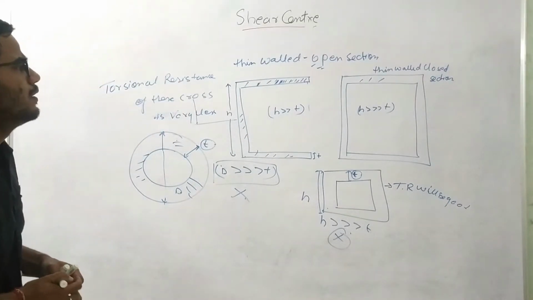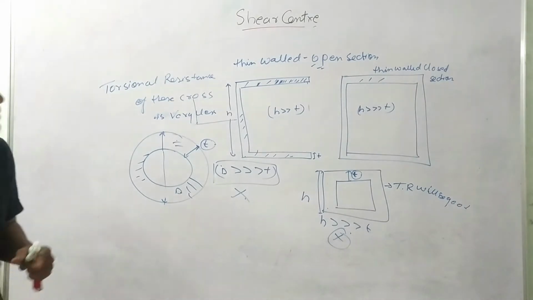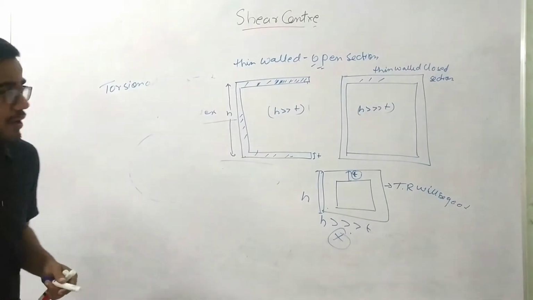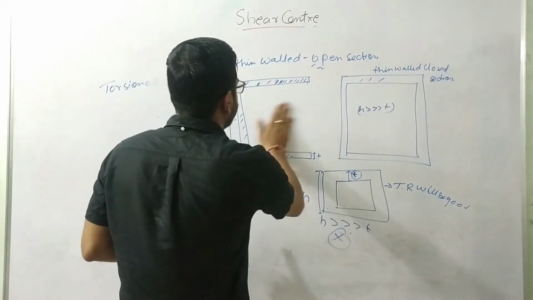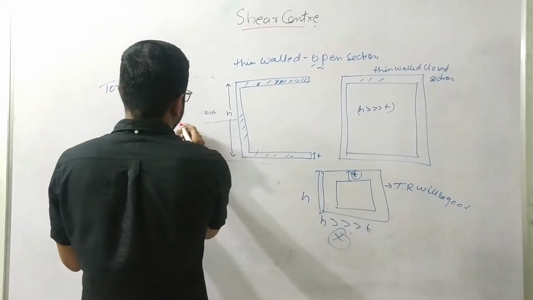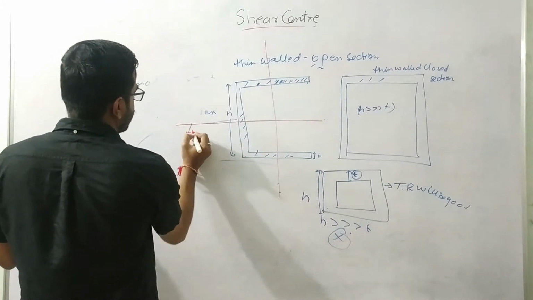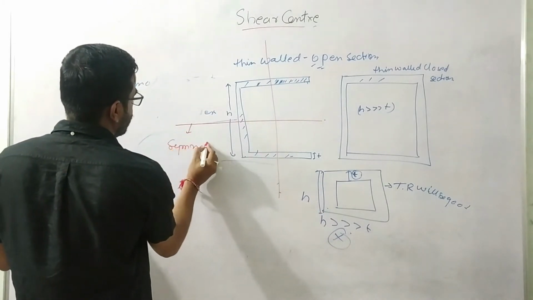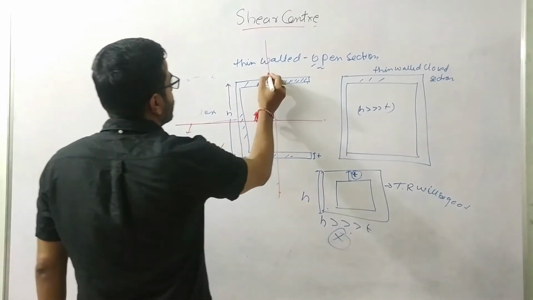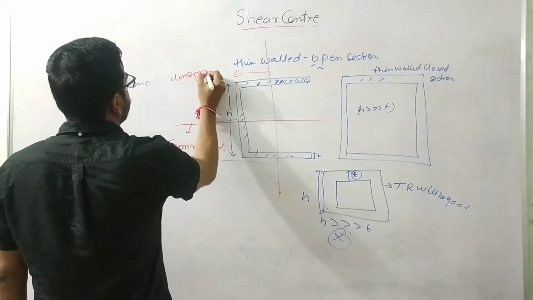This thing should be very, very clear. Now, what is happening is that this cross section will have a centroidal axis which is symmetrical, so this axis is the symmetrical axis, and this is the unsymmetrical axis.